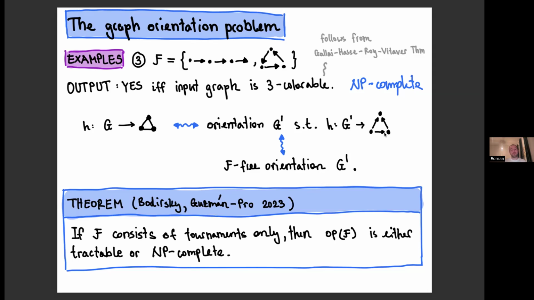If the set F of forbidden structures consists of tournaments only, then the graph orientation problem OP of F is either tractable or NP-complete. This is, obviously, under the assumption that P is not equal to NP. All right. So this is the graph orientation problem.